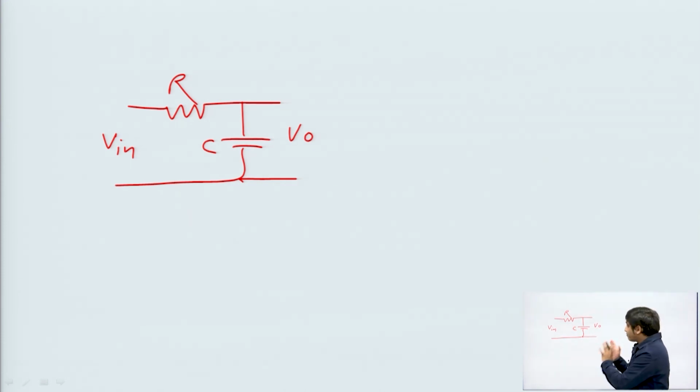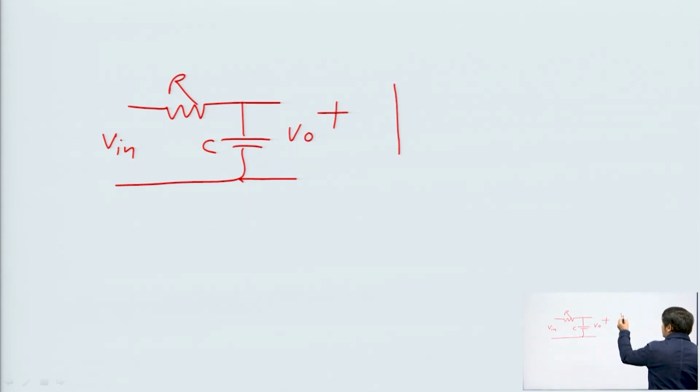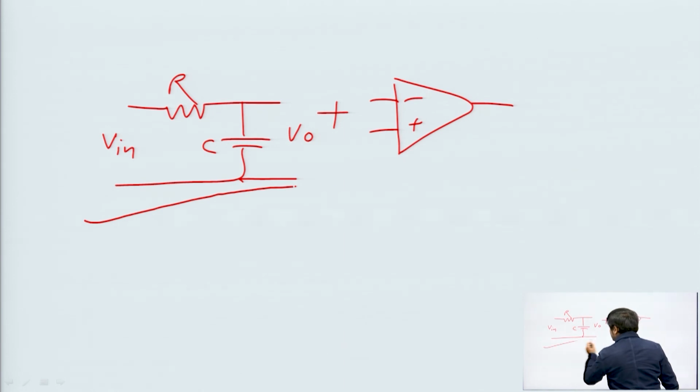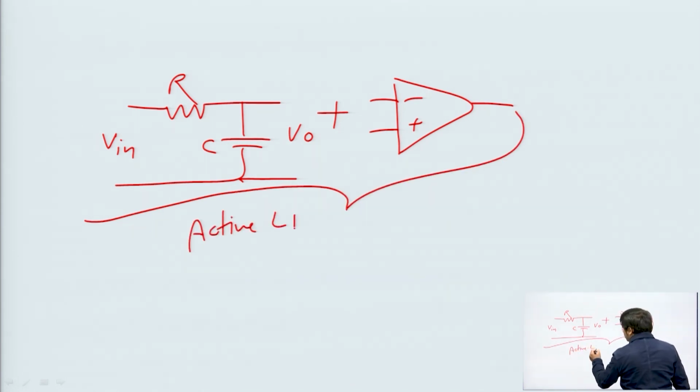This is your passive low pass filter, and when we use any active element along with this R and C, then it becomes active filter, right. So, when we combine this RC structure with operational amplifier, then it becomes active low pass filter, right.